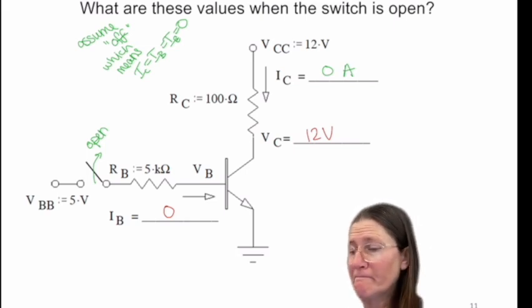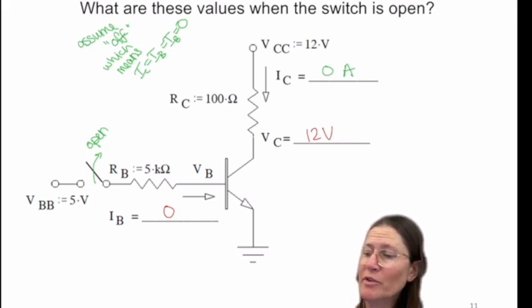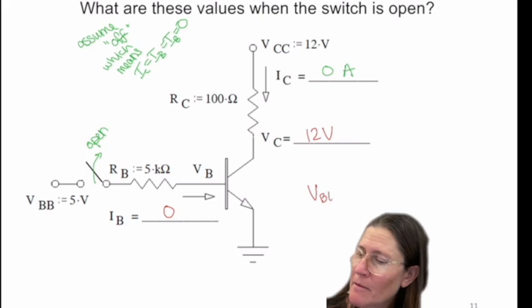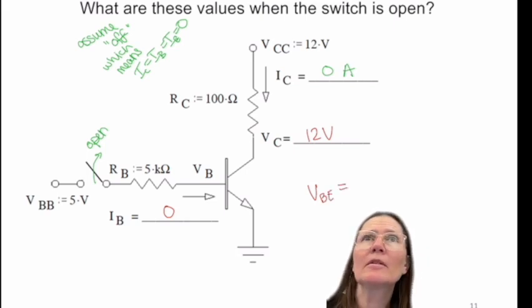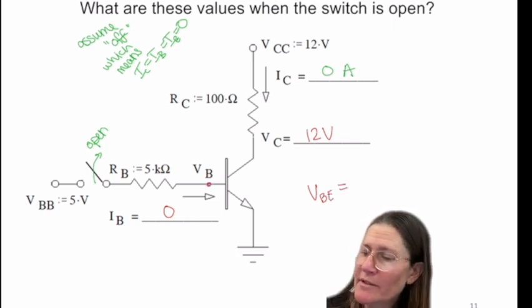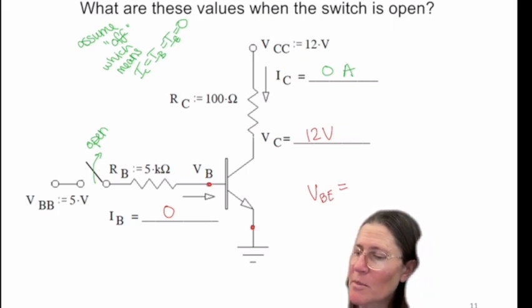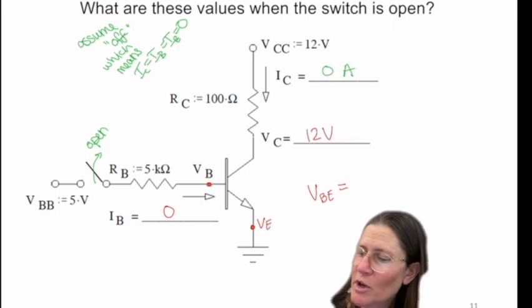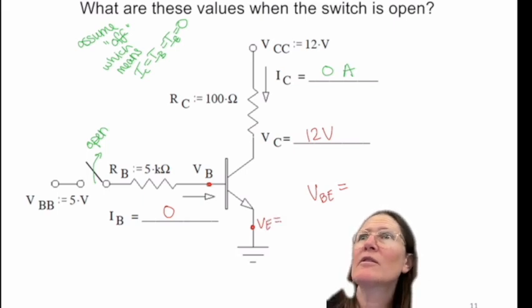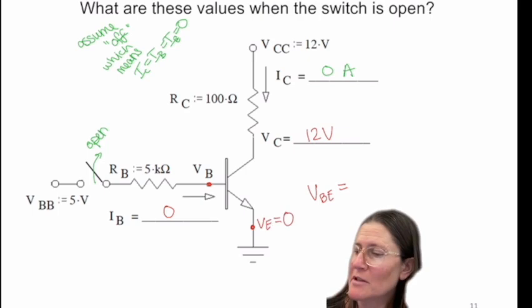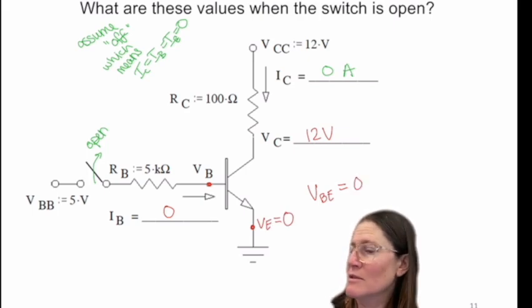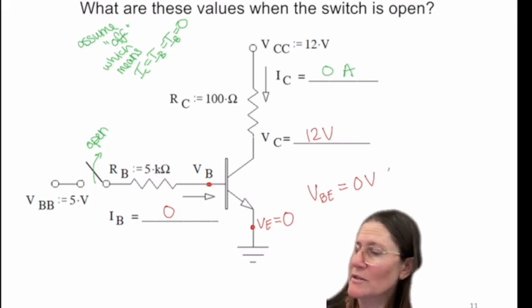And so if you have 0 volts here, what's VBE, which is your base voltage minus your emitter voltage? What is VE? 0. So VBE is 0 volts, which is less than 0.7, so therefore it is off.